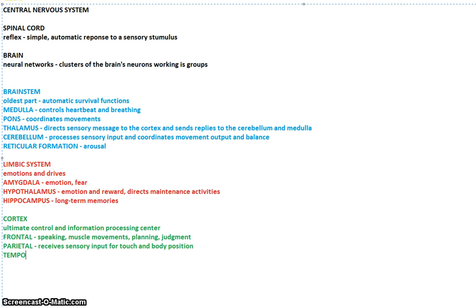You also have a temporal lobe. This temporal lobe receives information from the ears, so it receives auditory input. And then finally, you have the occipital lobe.